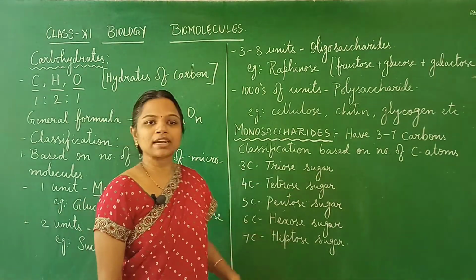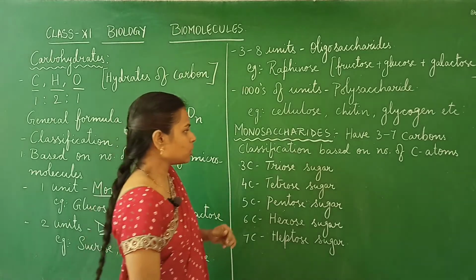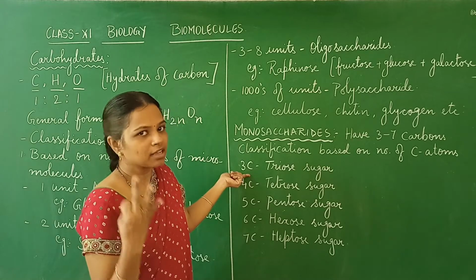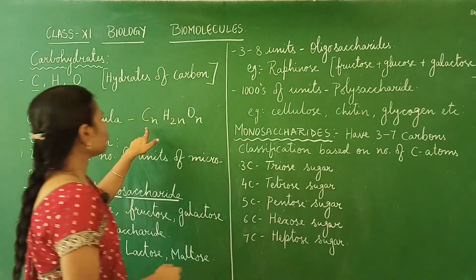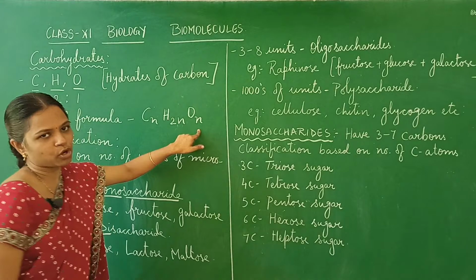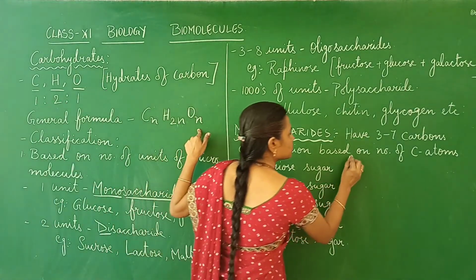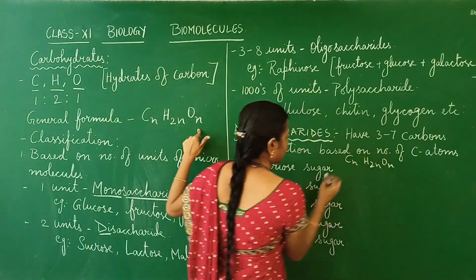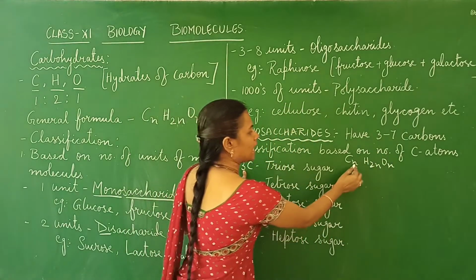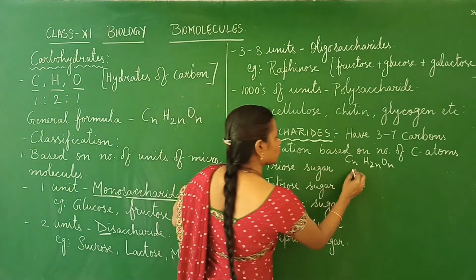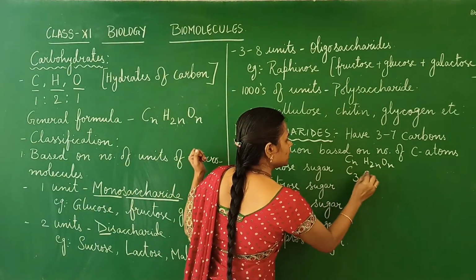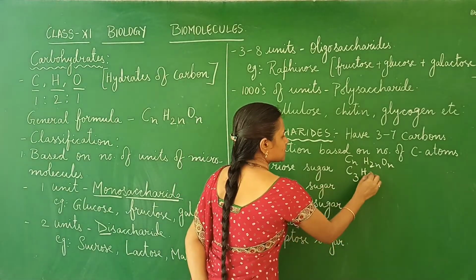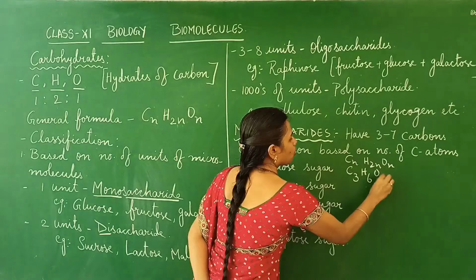Based on the number of carbon atoms, we have the names given to them. Now, we will look at their respective general formulas also. If it is a triose sugar, how many carbon atoms will be there? 3 carbon atoms. And we know the general formula of carbohydrates, CnH2nOn. If we substitute, the n value is 3, so you have C3, H2n, 2 into 3, that is 6, and O3.